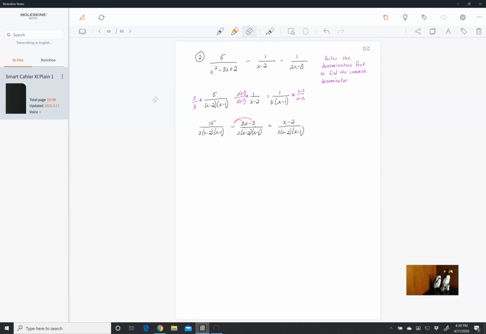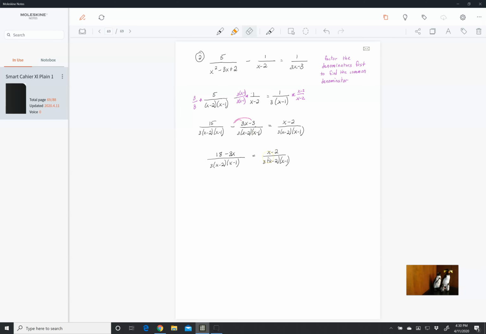We have 15 plus 3, which gives us an 18, minus 3x over 3 times x minus 2 times x minus 1 is equal to x minus 2 over 3 times x minus 2 times x minus 1.